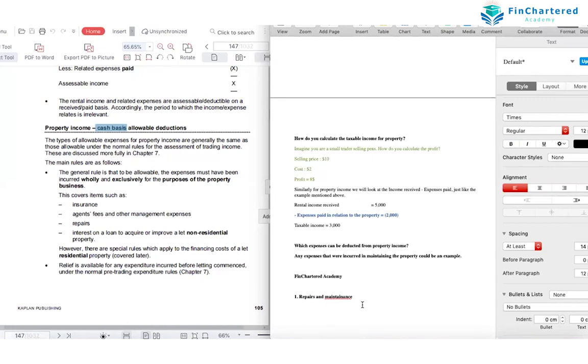Okay. An allowed expense would also be insurance. You may also deduct interest on loans. More on this later. But remember, this is for non-residential property.